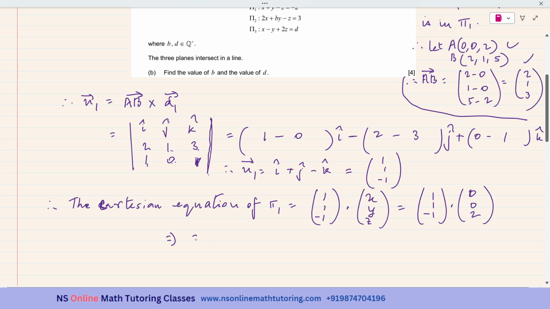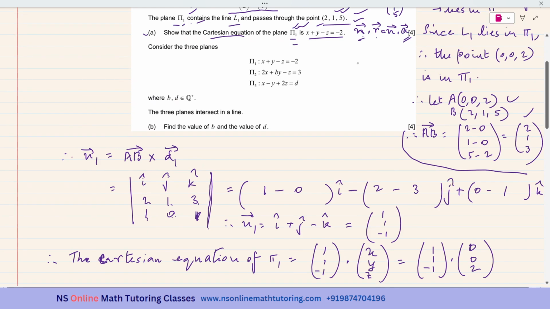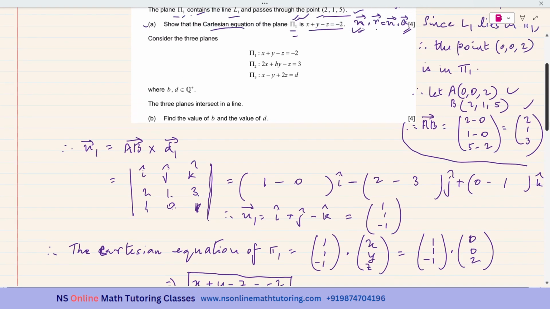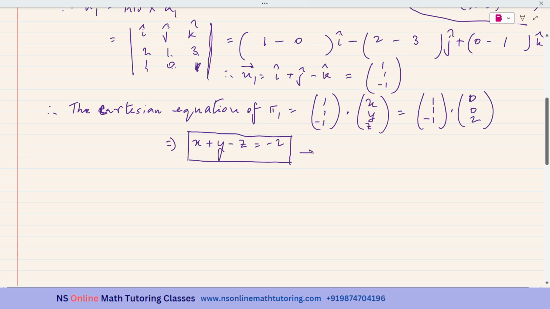So this is x plus y minus z equal to minus 2. This is what they have asked for, x plus y minus z equal to minus 2. Okay. Yeah, shown.